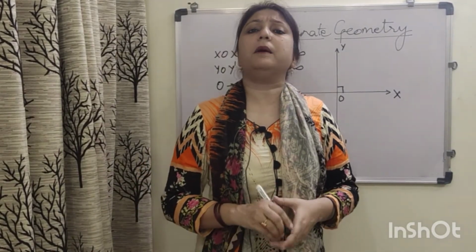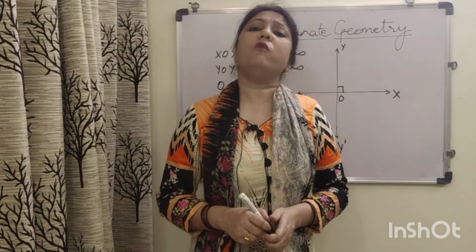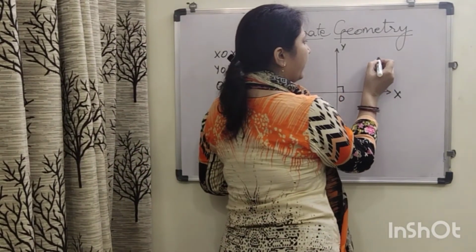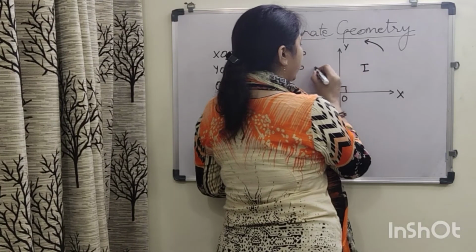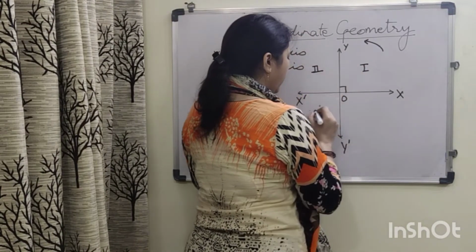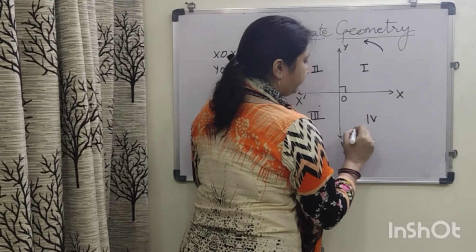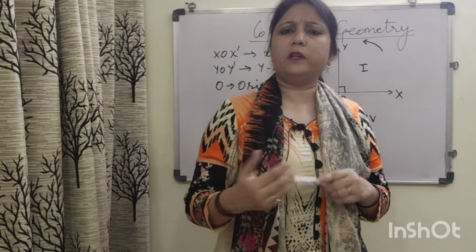They divide the plane into four quadrants. Moving in anti-clockwise direction, children, this way, this is your first quadrant, this is your second quadrant, this is your third, and this is your fourth. I'll come to these quadrants.